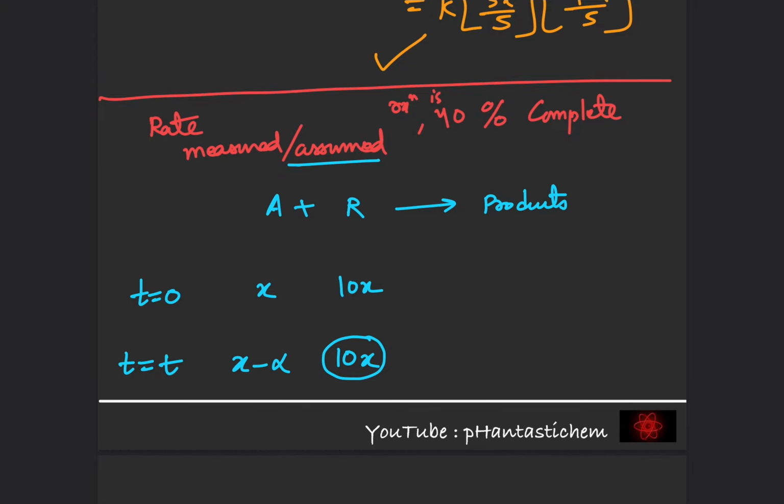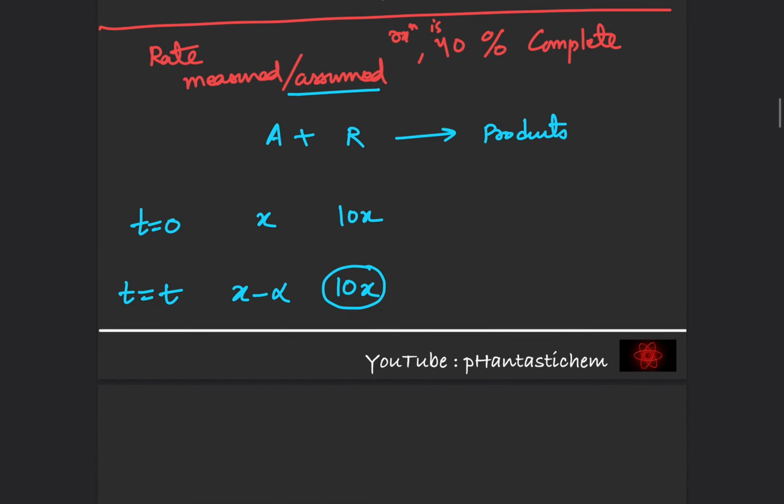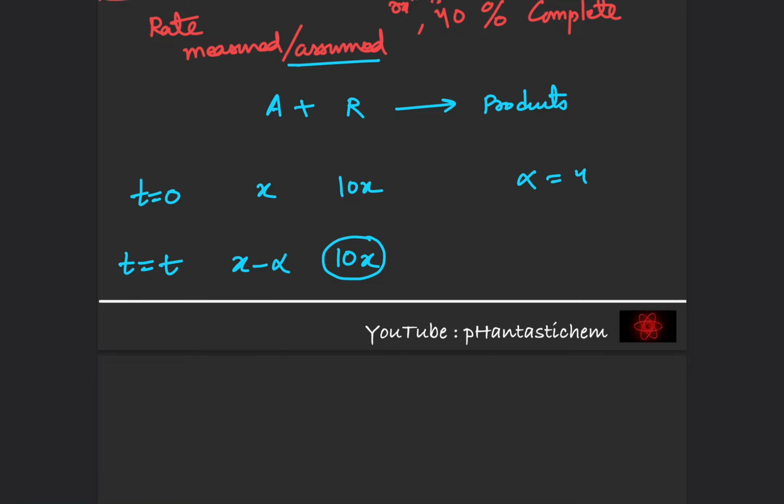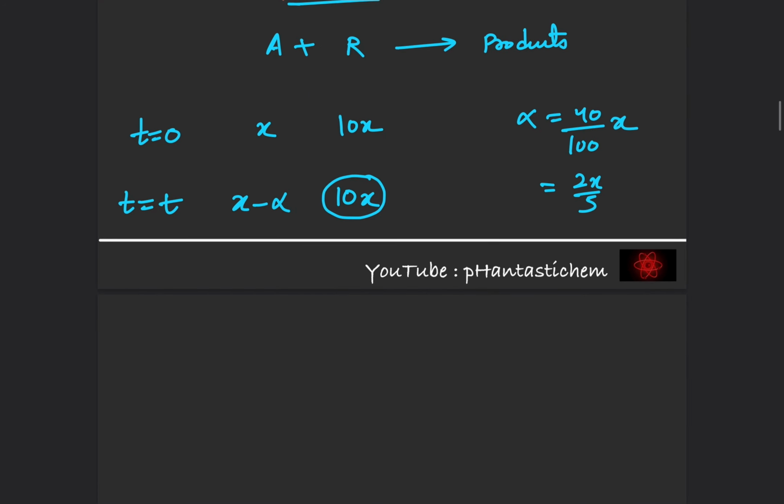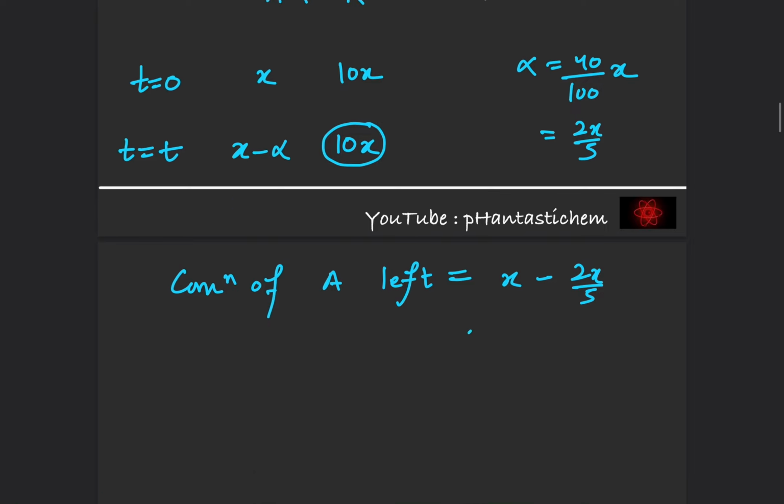Okay. And since the reaction is 40% complete, obviously alpha will be equal to 40 by 100 into x. So that is 2x by 5. So therefore, the concentration of A left will be obviously x minus 2x by 5. That is 3x by 5.